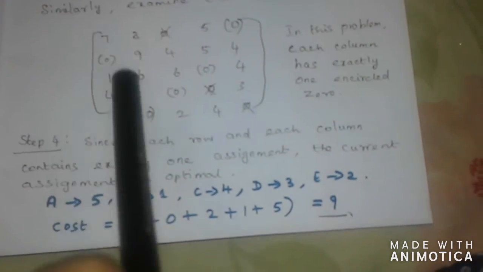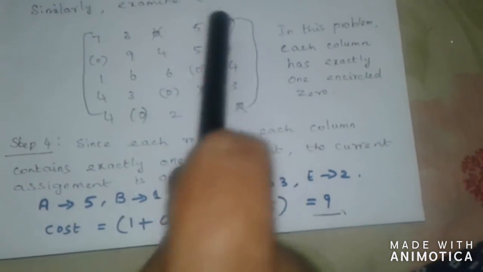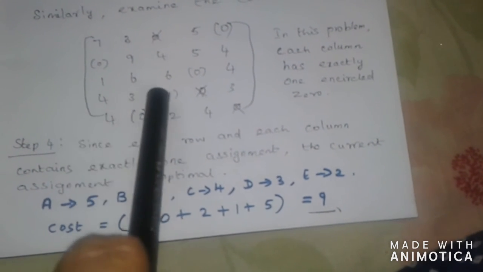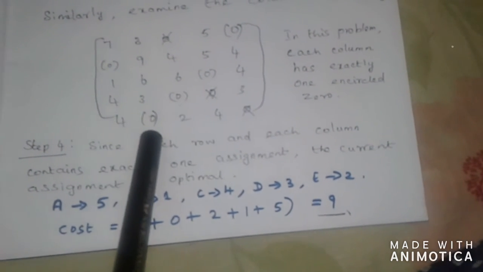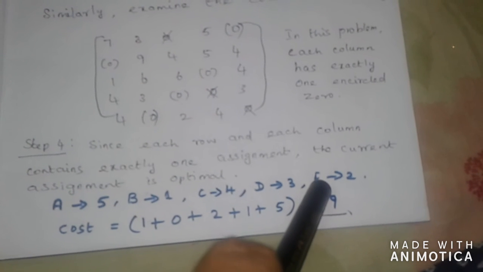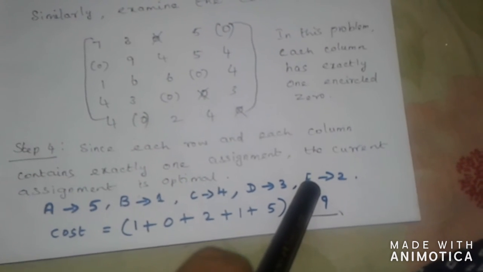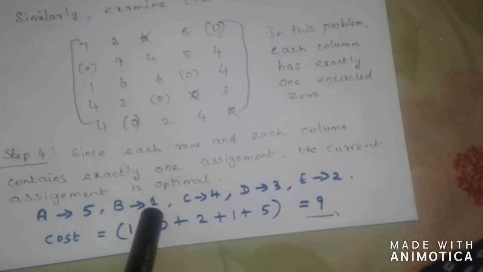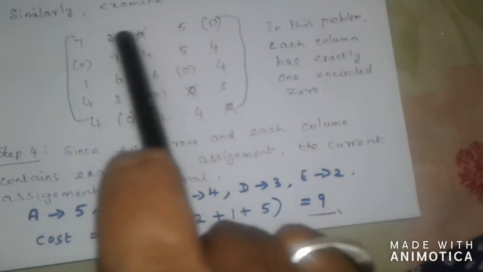And so the optimal assignment schedule is A to 5, B to 1, C to 4, D to 3 and E to 2. So we have to add the cost of these assignments from the given problem, not from this matrix.